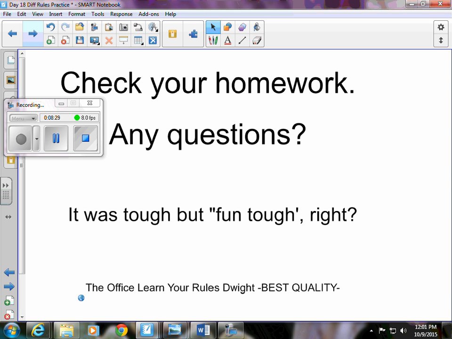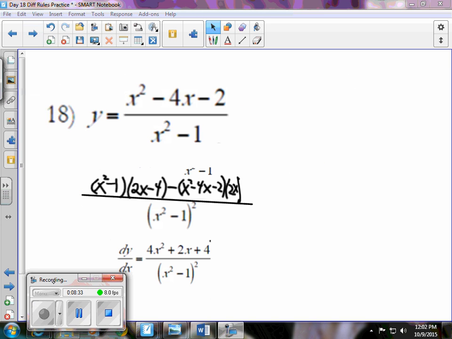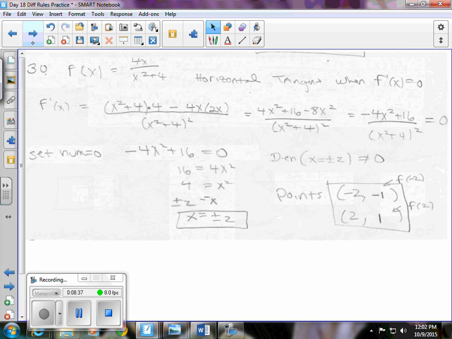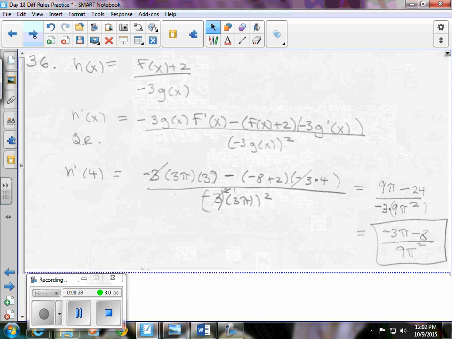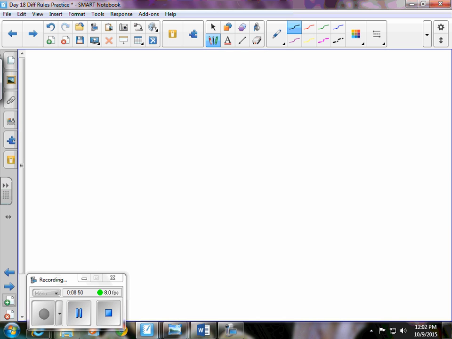Let's go to 40. Was 40 fun? It was good. Fun tough. I'm going to just rewrite it because I can't see this. I'm just going to copy it over. You guys can read it to me.